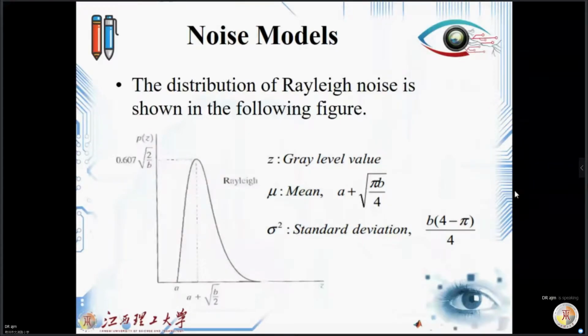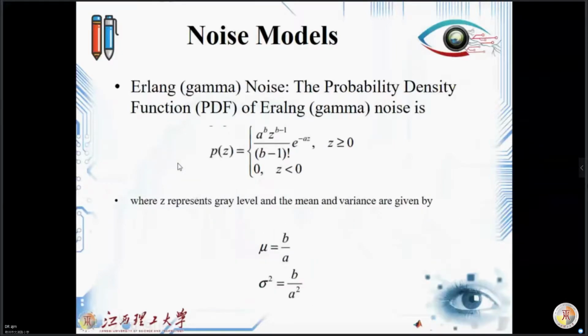Erlang or gamma noise is also one of the famous models of noise. It shows the probability density function, or PDF, of Erlang or gamma noise, as the formula shows here. Again, you have some form of exponential function, and z represents the gray level, and the mean value and the variance have another form of formula.